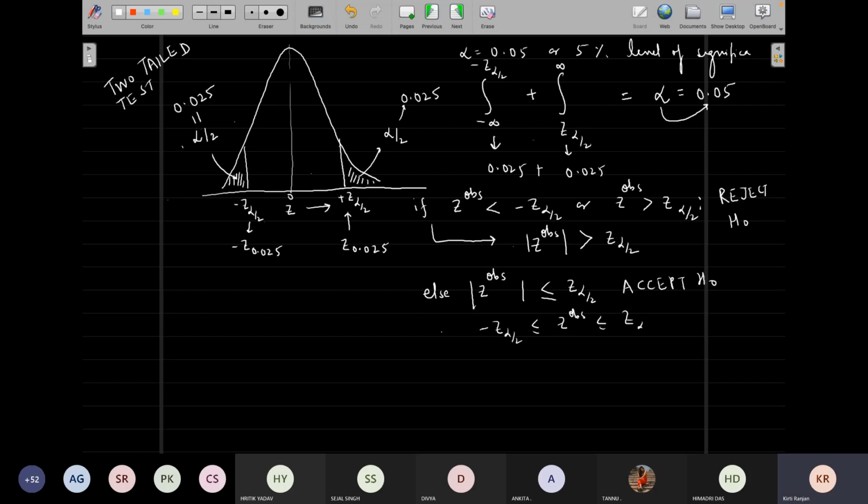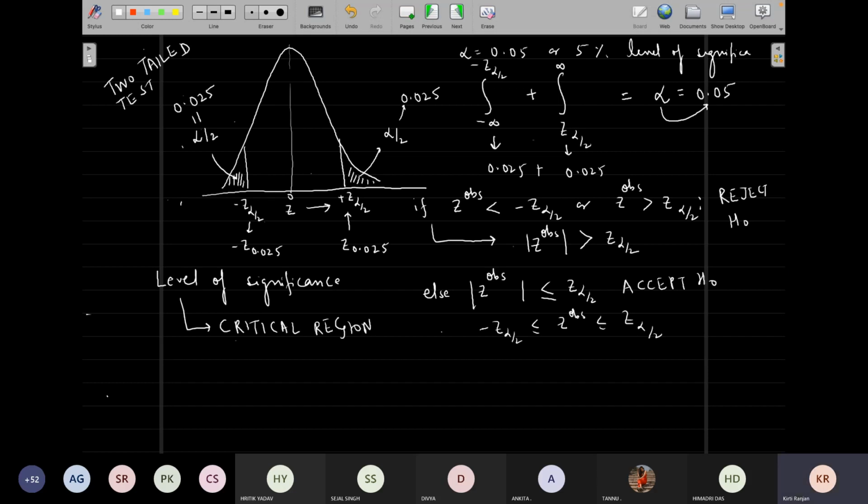So this will be the criteria which we are going to put, that our central region is the acceptance of the null hypothesis and the side region or the shaded region is the rejection of the null hypothesis. This is why, when I write the word level of significance alpha, this is associated with the definition of what we call the critical region.